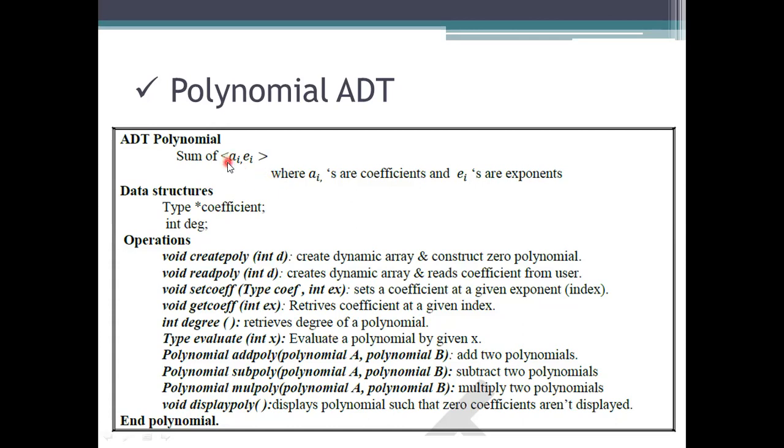That is, a0 with e0, a1 with e1, meaning the respective coefficients and exponents have to be taken. As for the data structures, the variable is represented implicitly, so there is no need to specify a field for the variable. We only need the coefficient and the degree it belongs to.